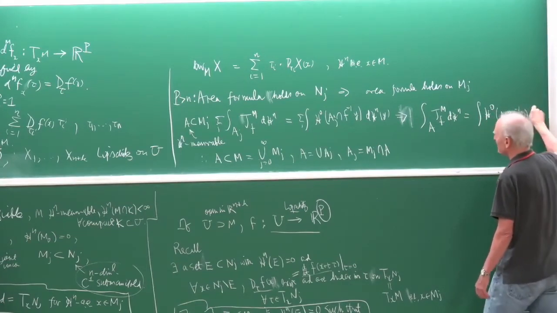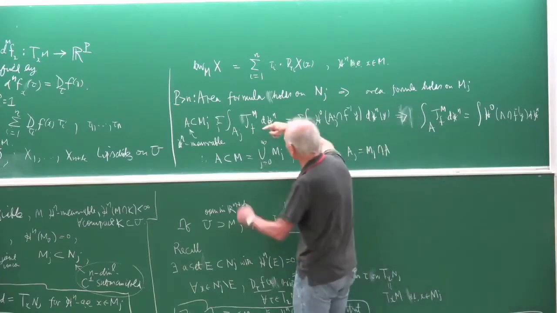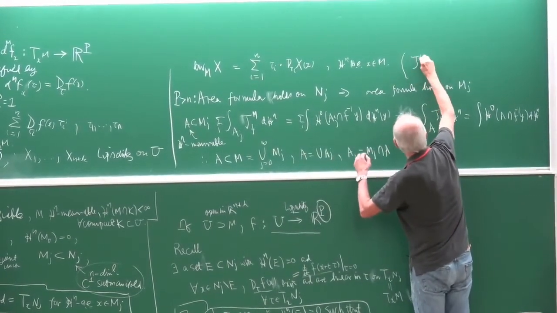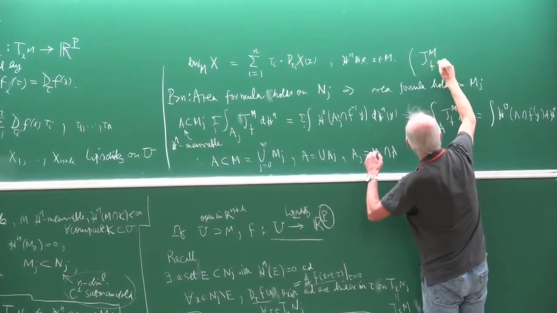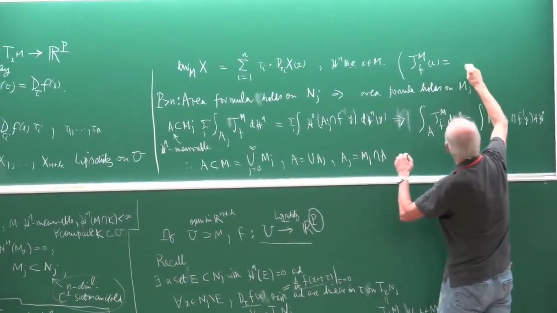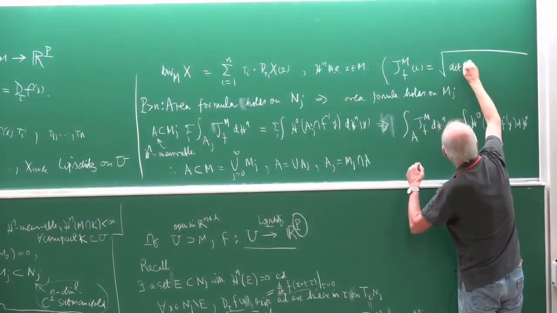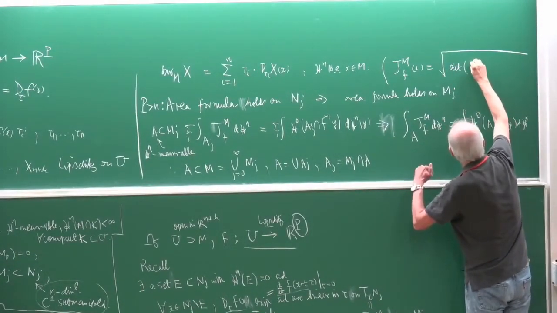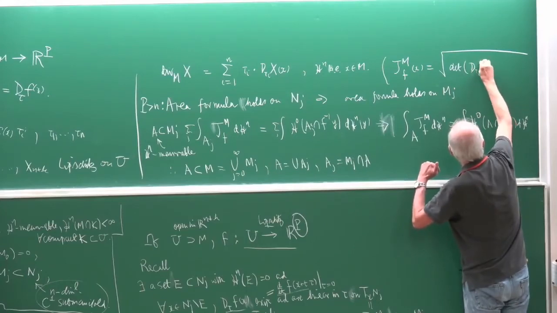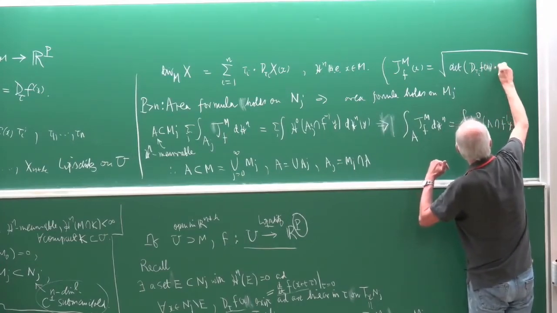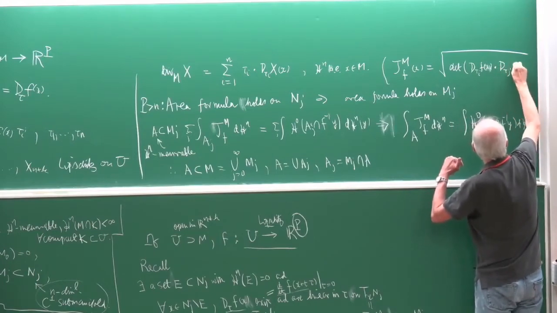And of course the Jacobian is the usual Jacobian as it was in the C1 case, except that we use the approximate tangent space. So J_M f at x is equal to the square root of the determinant of the matrix of d_tau_i f at x dotted with d_tau_j f at x.